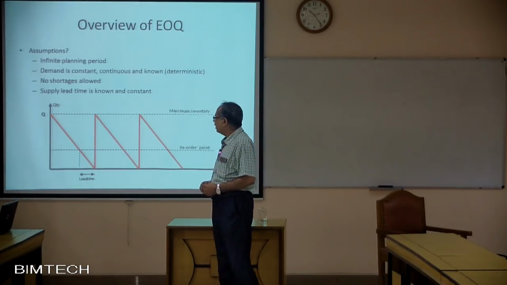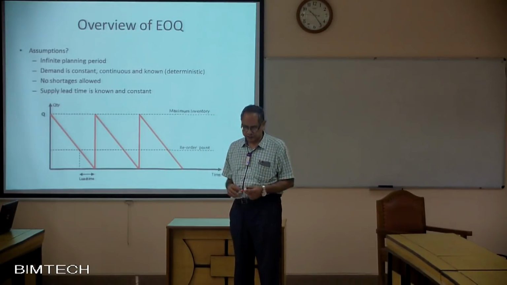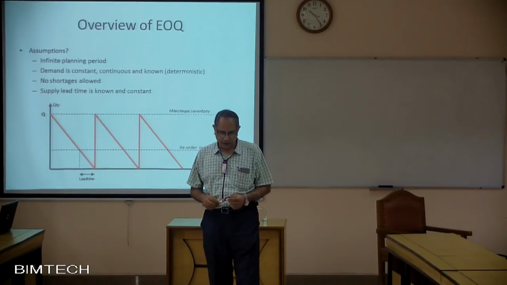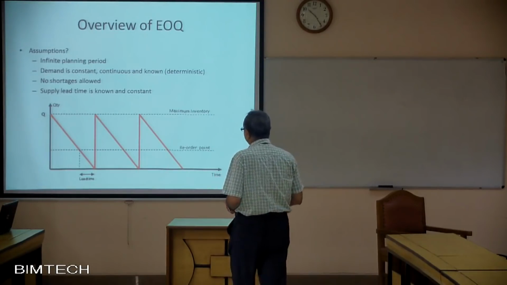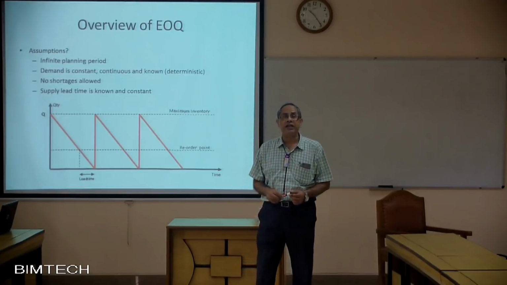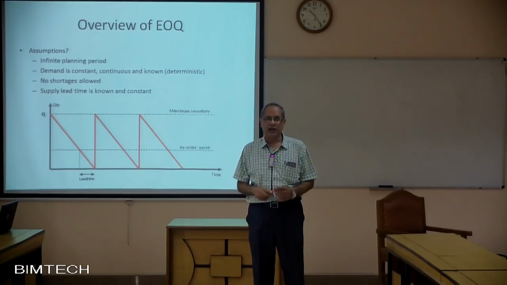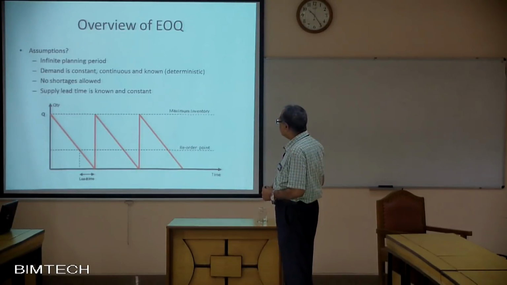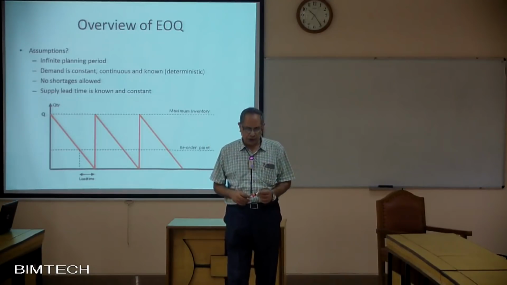Infinite planning period, I just explained what we mean by that. And the demand is constant, continuous, and known, which means that the demand is perfectly deterministic. There is no uncertainty in the demand. Then we said that there were no shortages allowed.